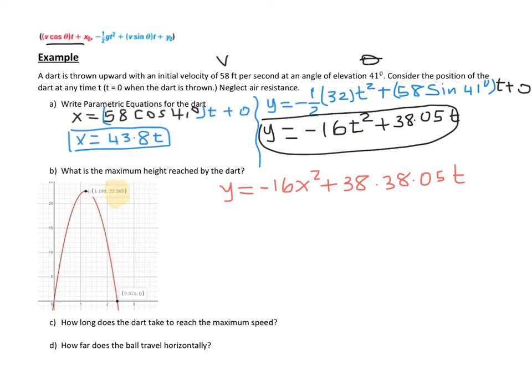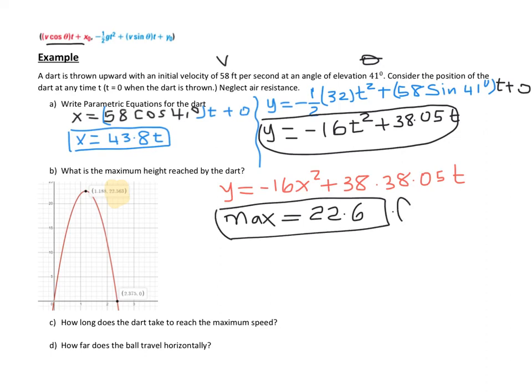When I graphed it, I got the maximum right here given by the y coordinate. So the maximum height is 22.56, or 22.6 feet. The next question is asking, how long does the dart take to reach the maximum?